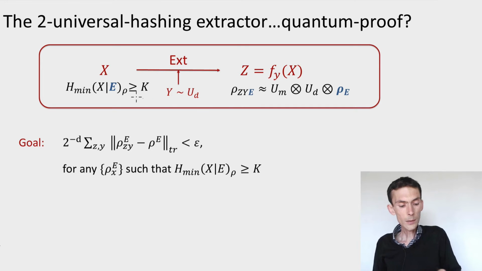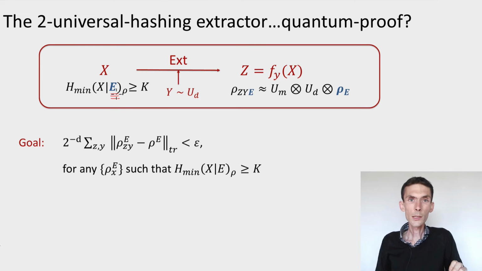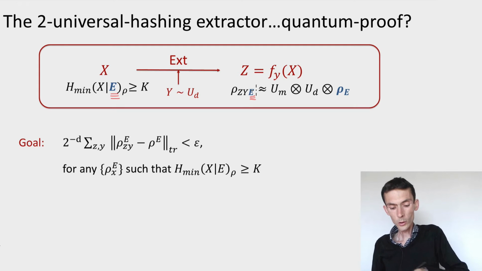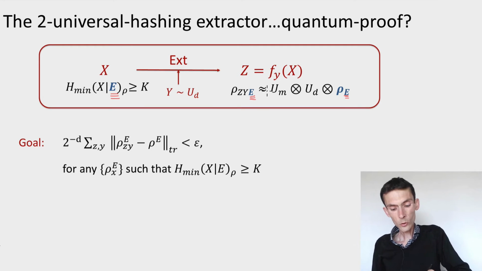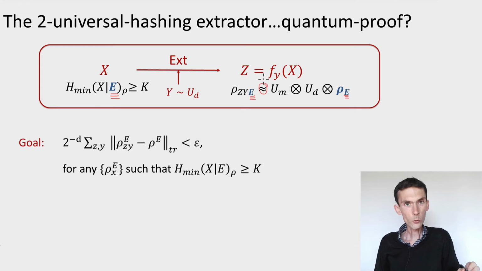So I just copied the same desiderata from the previous slide, except that now the min entropy of the source is measured conditioned on quantum side information E, and we also want the conclusion to hold conditioned on that side information, meaning that we want the output Z to be uncorrelated from the seed Y and the side information E. So now, if you express this condition, this approximation here is measured in the trace distance, you can rewrite it as saying that the sum of, and there's a little bit of notation here that I'm going to introduce for you, of these states ρ_zy, their distance from the average density ρ is less than epsilon.